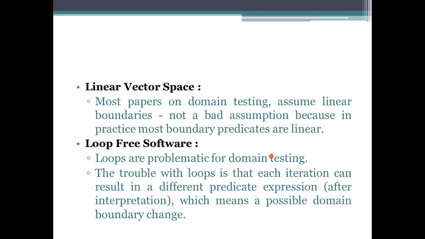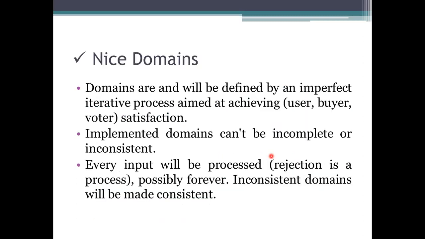We need to write the possible domain for that, which is time-consuming. We can't specify that loop-free software will be used. So we should consider the loops, but try not to add more loops to our program, because using more loops introduces ambiguity. And coming to the next one, nice domains.